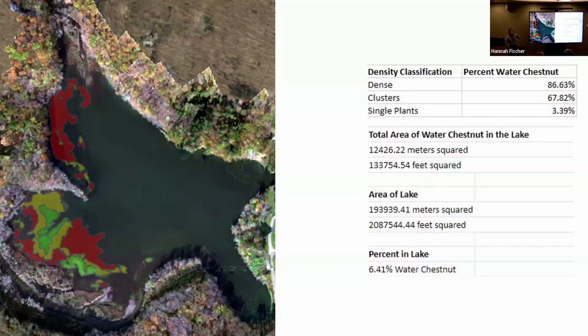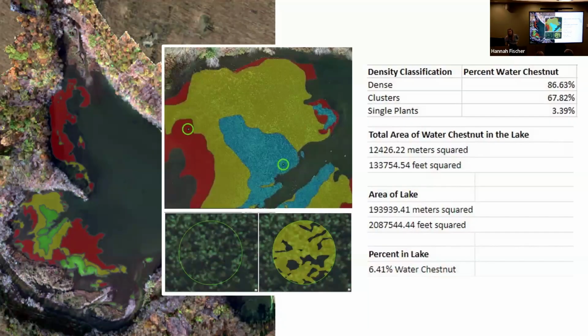With this, we can look at how much water chestnut is in a particular water body. We can zoom in, we can really look at different points. And this is part of a research project that we're on with Mississippi State University and the U.S. Army Corps of Engineers, where we're looking at security and the health of the waterways of the Lake Champlain Basin area, and then particular watersheds in Mississippi.